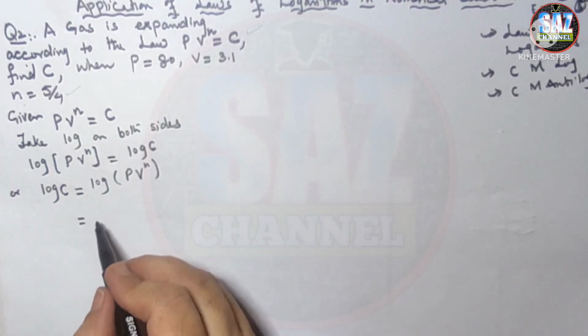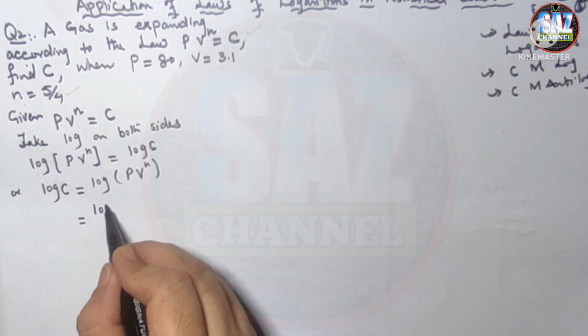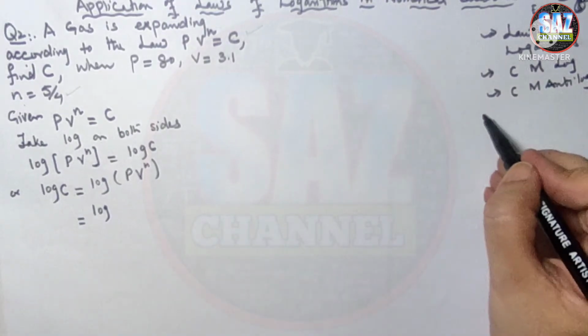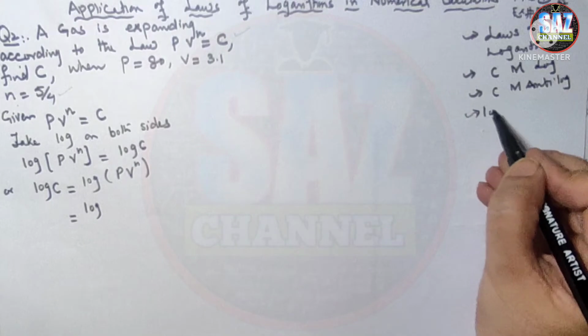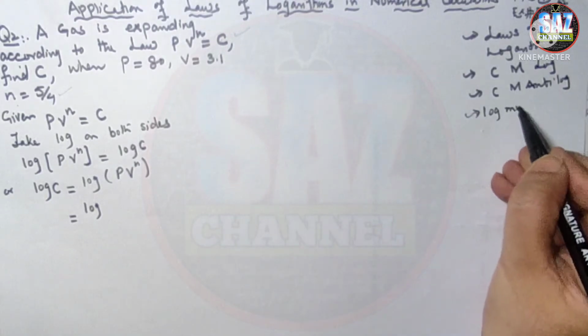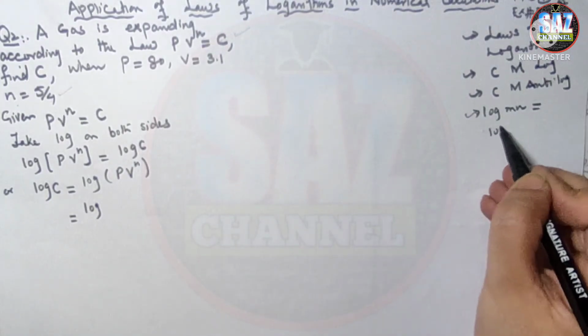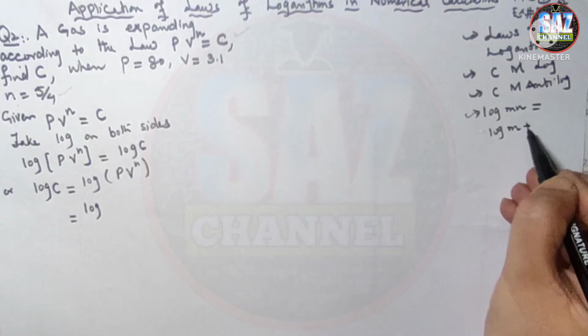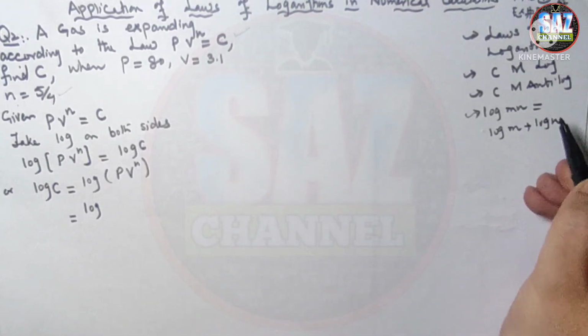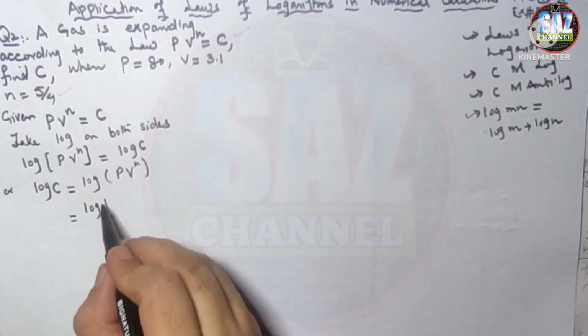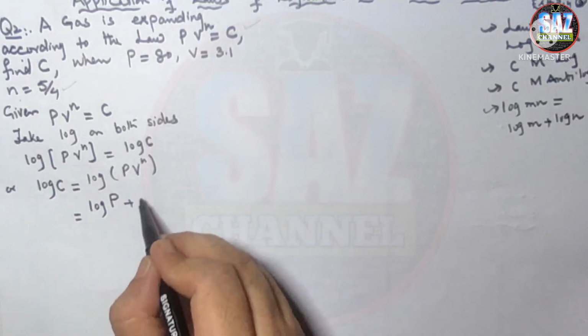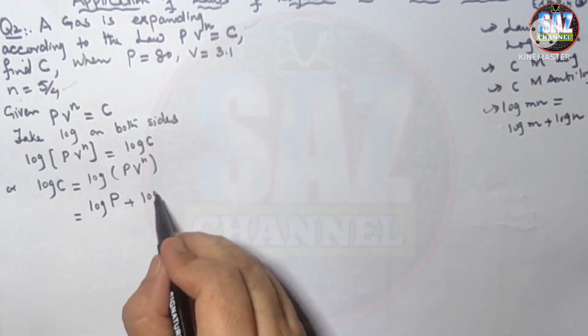I have to apply first the product law, that log of m multiplied by n equals to what? Log of m plus log of n. So, according to that, it will become log of P plus what? Log of V raised to power of n.